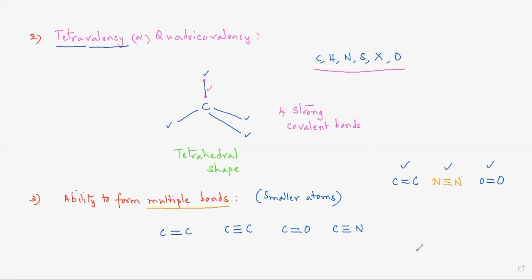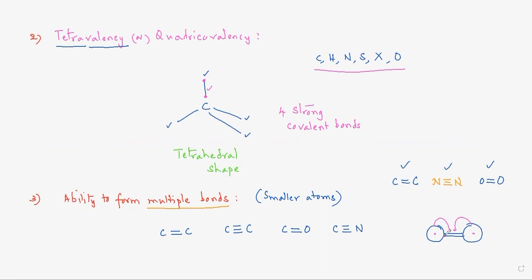See, suppose the atoms are smaller, they can of course have greater hold over the bonded pair. The bonded pair lies closer to their nuclei. They'll have great hold over the shared pair of electrons.